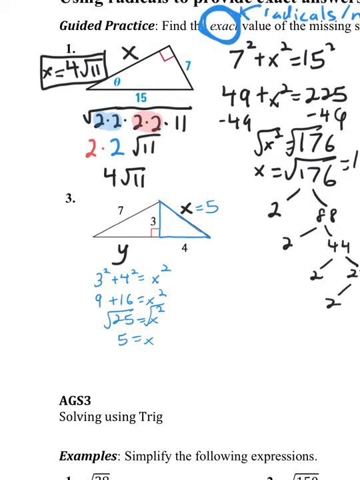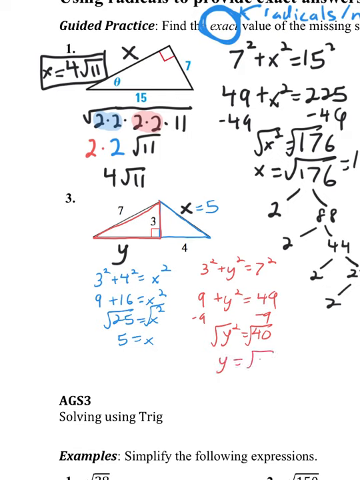On the other side, I have a different triangle that's also a right triangle, and I can find side length y. I know I have 3 squared plus y squared equals 7 squared. And I just work on each individual part. 9 plus y squared equals 49. Subtract 9 from both sides, y squared equals 40. I square root both sides, y equals the square root of 40.